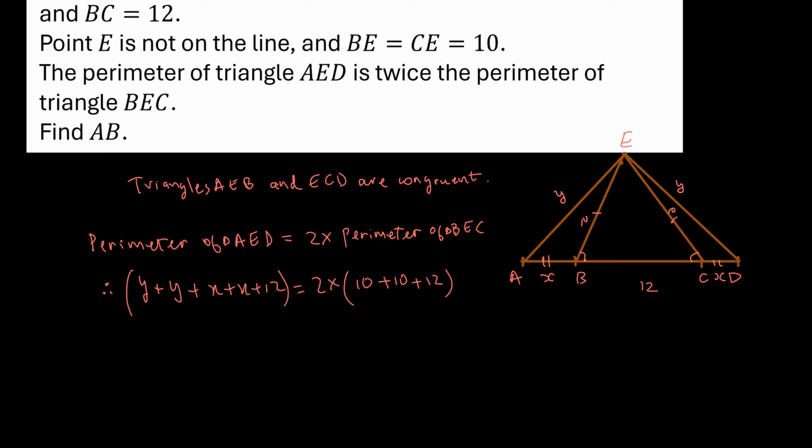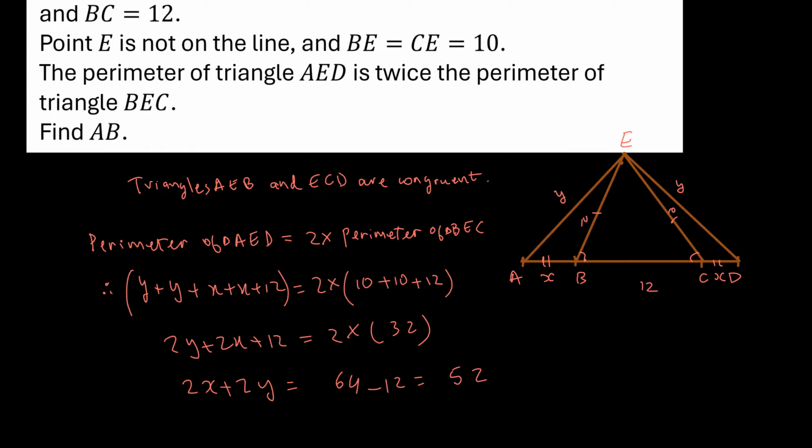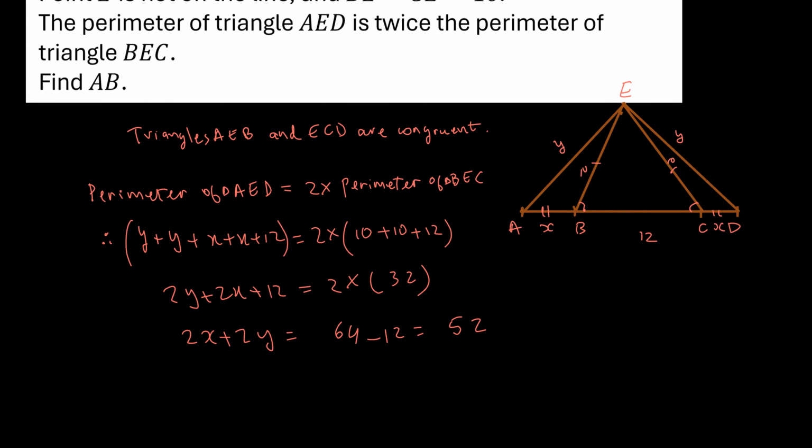So from here we get 2y plus 2x plus 12 is equal to 2 times 32. So we get 2x plus 2y is equal to 64 minus 12, 52. So we can write x plus y is equal to 26.